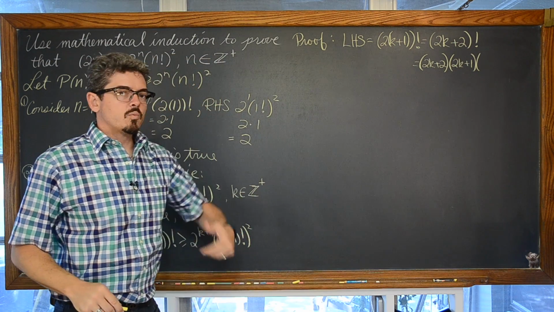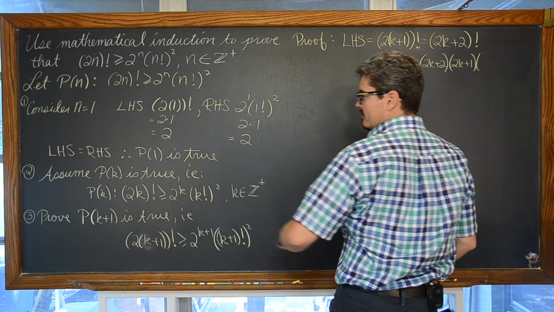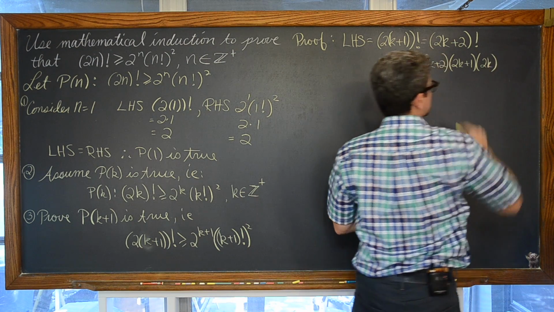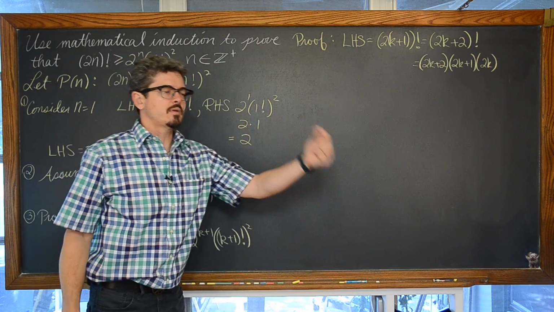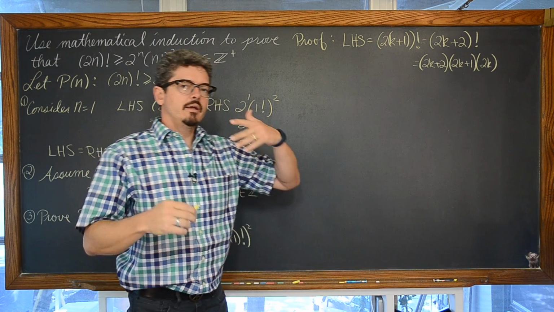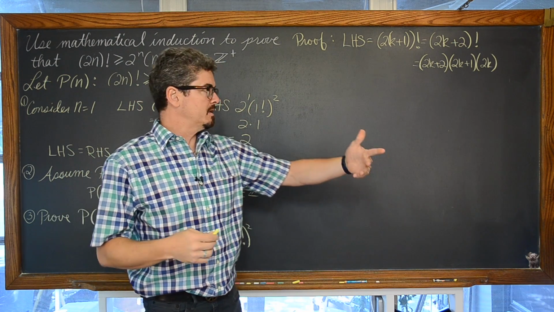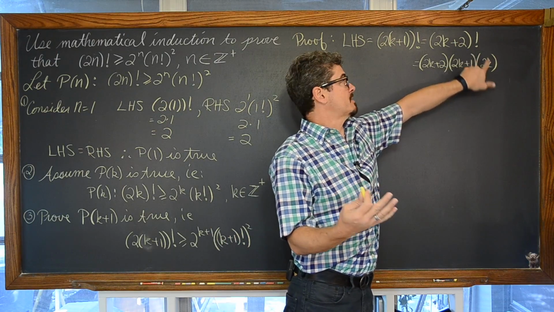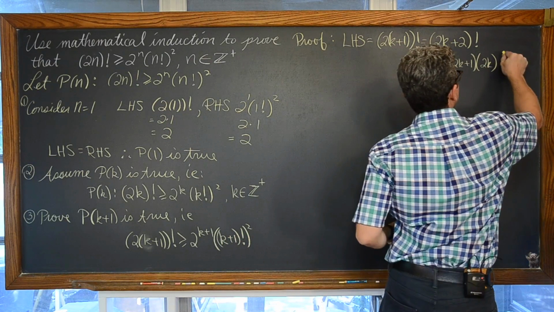And then 2k plus 1 minus 1 is, ooh, that's nice, 2k. Now instead of saying 2k minus 1, 2k minus 2, 2k minus 3, and down to 1, because that's what a factorial does, I'm just going to stop here and say 2k factorial.